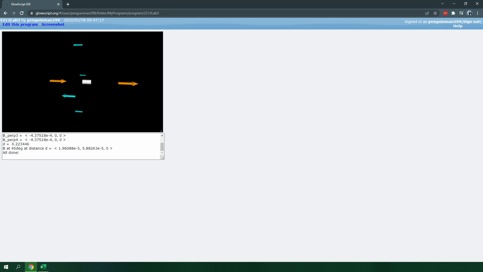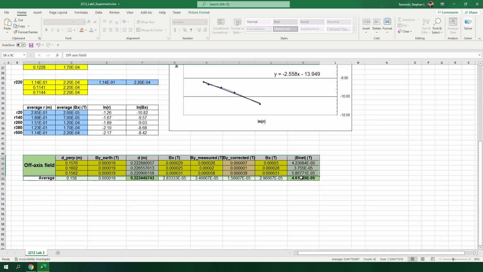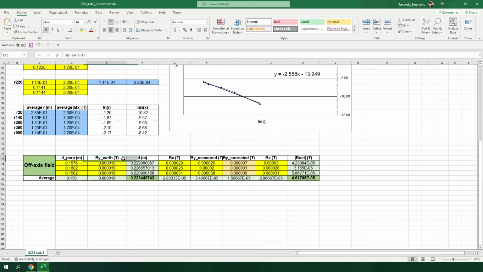And so now we can go on to discuss the experiment for when the magnetometer is along the 45-degree axis from the magnet. And here are my numbers from the experimental data. So this is the off axis, the 45 degrees. And as you can see, I had to account for the magnetic field due to Earth in the y direction right here.